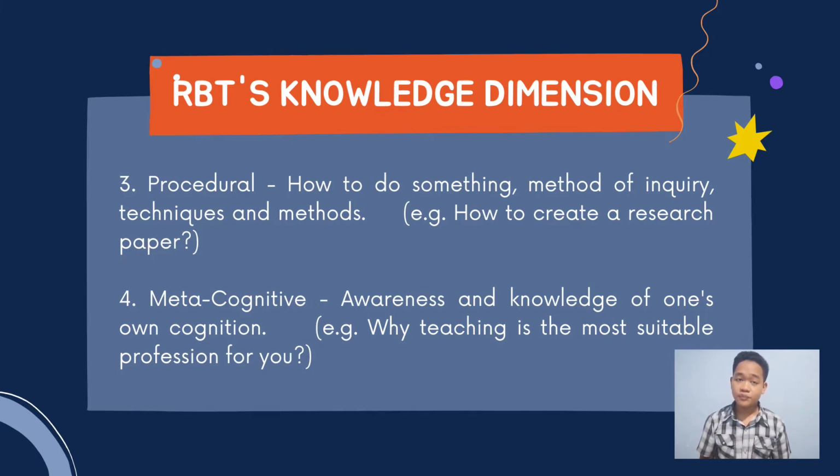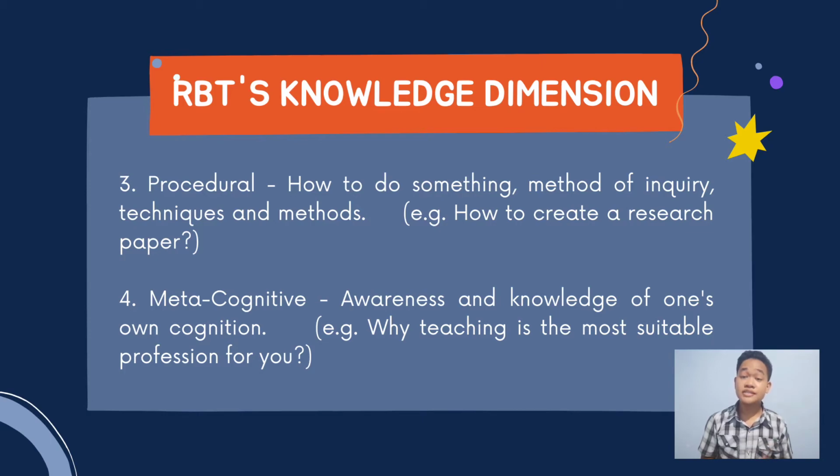And here it is answering the questions that start with how. Like our example, how to create a research paper. We know that in creating a research paper, we are following a step-by-step procedure. We cannot proceed, for example, to stage 3 if we're not done with the first and second one, right? So that is the concept of procedural, to give instruction on how to do something.